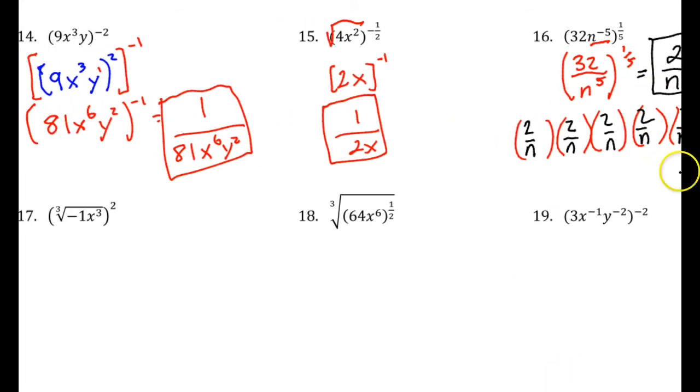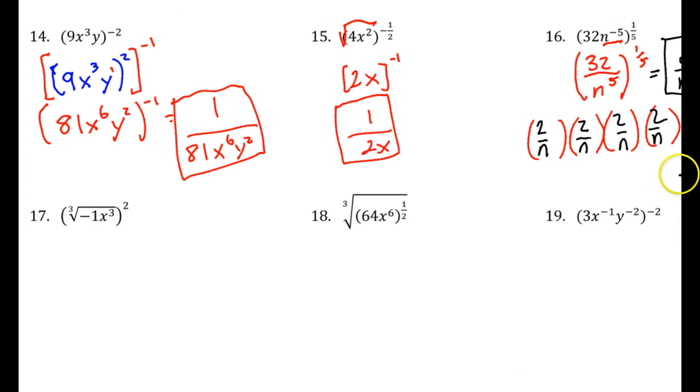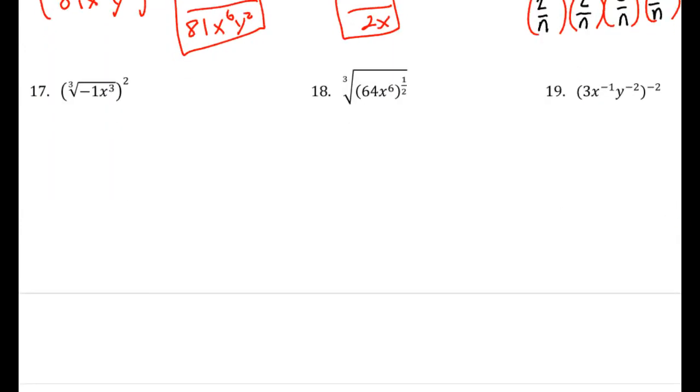Okay. Wrapping this up pretty quick. 17. Let's do the cube root of negative 1 x to the third. So what times itself 3 times is negative 1 x to the third? And you'll end up with, well, x times x times x is x to the third, and to get negative 1, you'll just need a negative 1 for each of these.